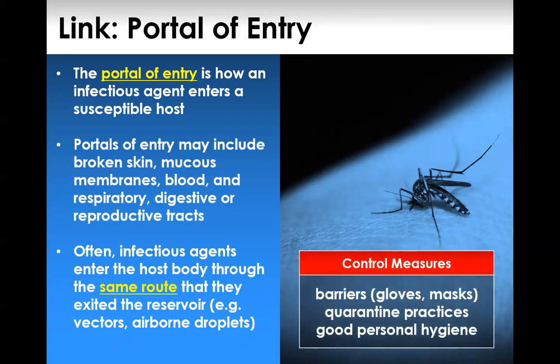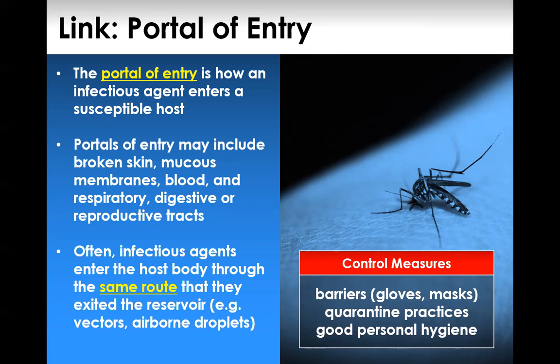So when we look at the portal of entry, how does this pathogen get inside our susceptible host? Broken skin. That's why, if we have broken skin, one of the first things we do is immediately wash it with soap and water, because our skin is our first line of defense against injury and infection.